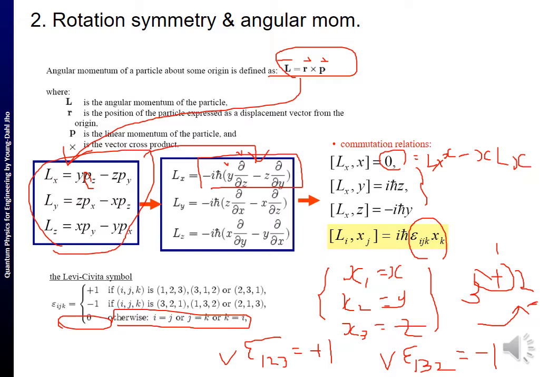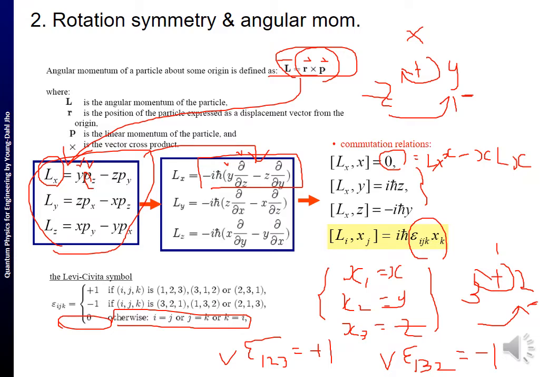You will see this kind of idea many times in angular momentum discussions. If we consider x, y, z, if it rotates this way, it's positive. The other way, negative. So for Lx, the component consists of y or z component, y first and then z next.